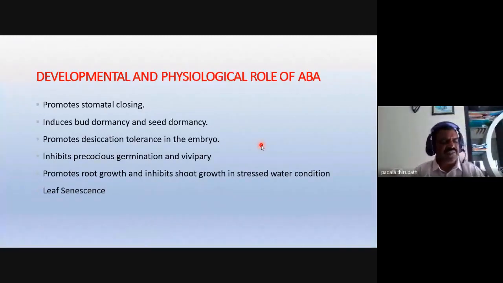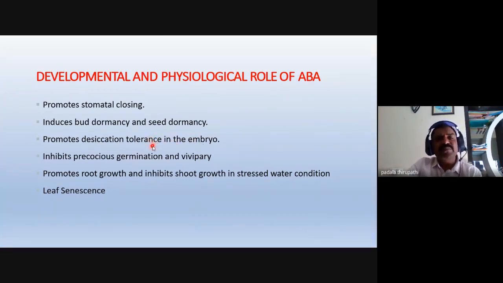It promotes stomatal closing, and also induces bud dormancy and seed dormancy. The first one is stomatal closing, the next is bud dormancy and seed dormancy induced by abscisic acid, and the third one is that it promotes desiccation tolerance in the embryo.